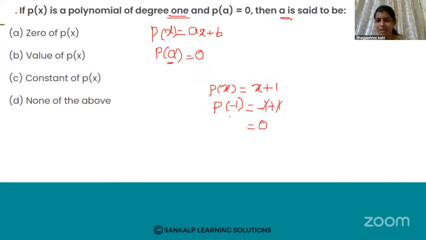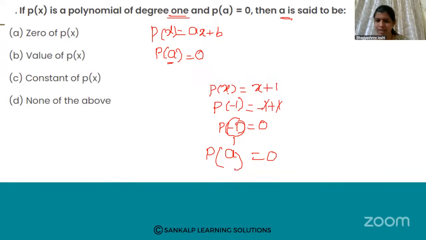So when you substitute X equal to minus 1, you will get 0. But here, if I call this minus 1 as A, if I represent it as A, then P of A equal to 0. Yes or no? P of A equal to 0.